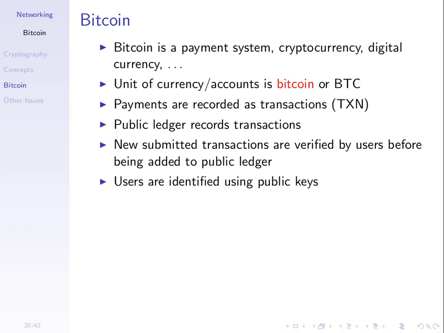It's not restricted to one per person. I can have as many key pairs as I like. I just generate them. Easy to generate on your computer. So if I want someone to send me money, pay me for something, then I just advertise my public key. And when someone wants to send me money, they get my public key and they will use that as the destination, as who to send to. So think of accounts or users as identified using public keys.